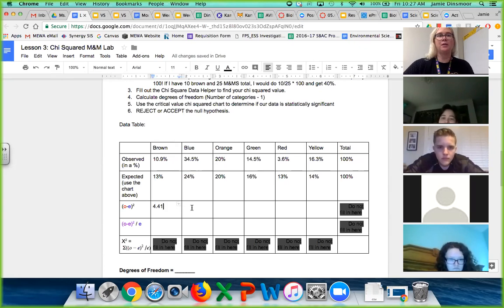So you try for blue, either with your own data or with mine. If you're new to this, I would maybe try with my data to make sure you're doing it correctly. You do observed minus expected squared.